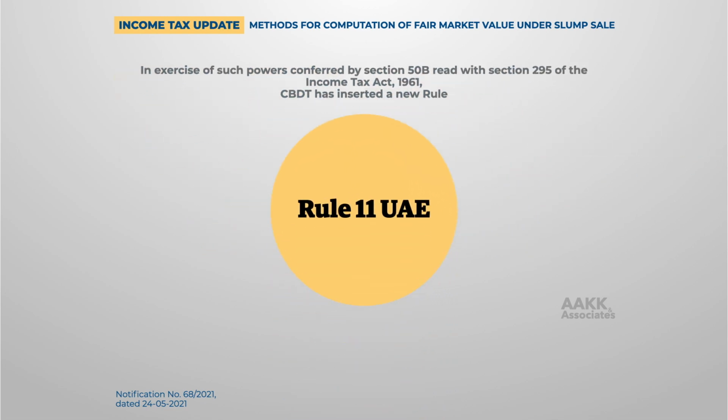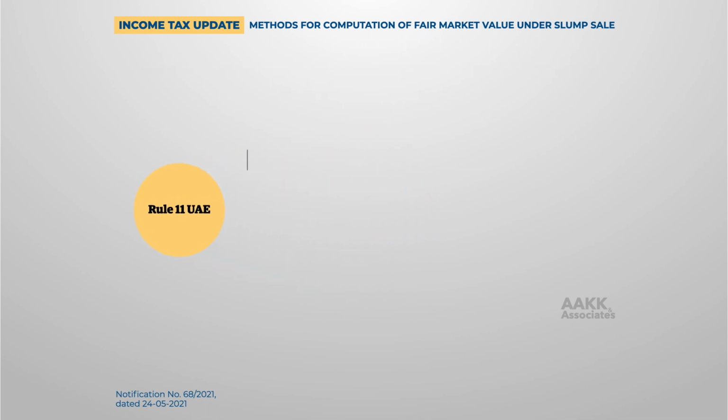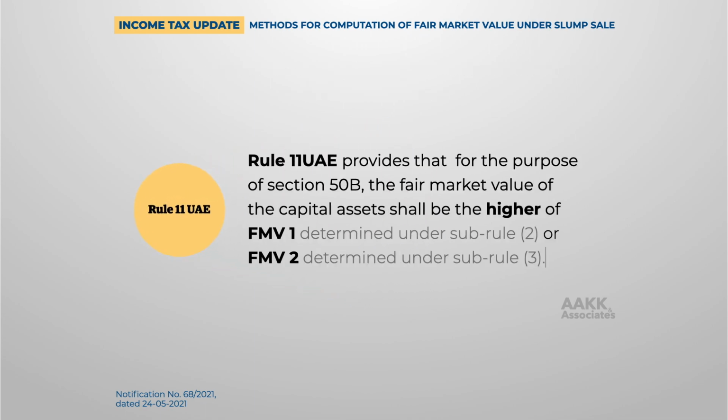Rule 11UAE. Rule 11UAE provides that for the purpose of Section 50B, the fair market value of the capital assets shall be the higher of the following: FMV1, determined under Subrule 2, or FMV2, determined under Subrule 3.